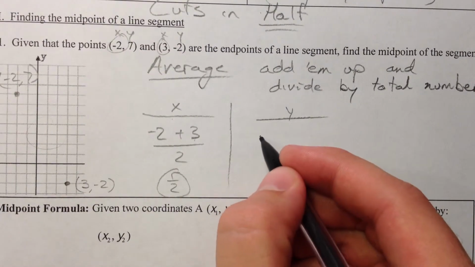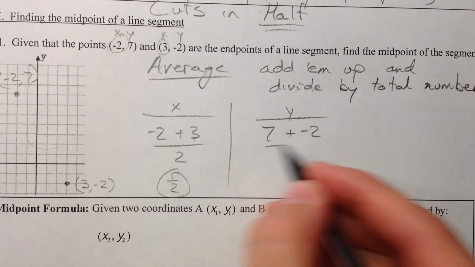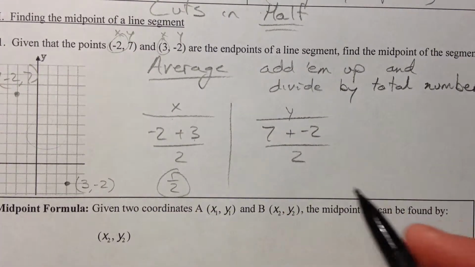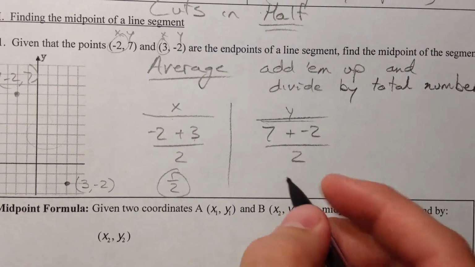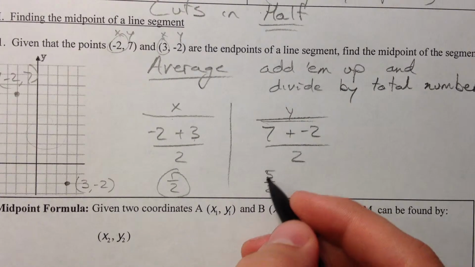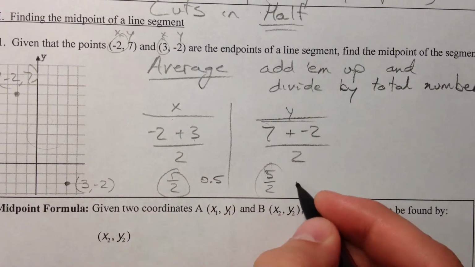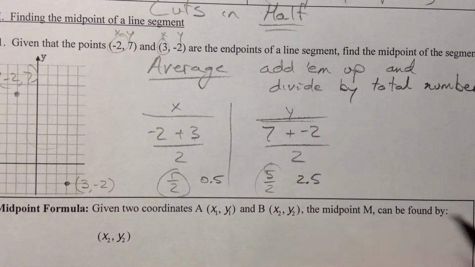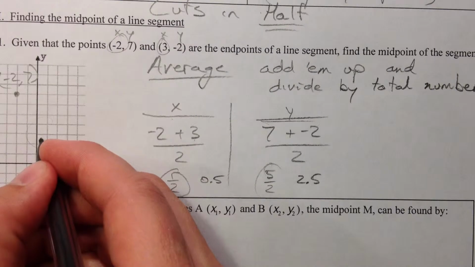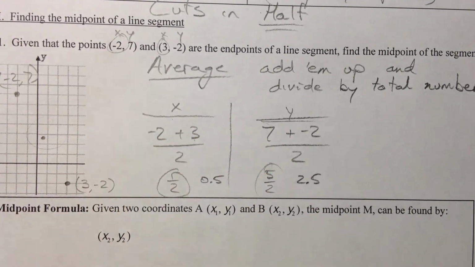And y is the 7 plus the negative 2 divided by 2, because we have two numbers. We're averaging them. And you get 5 divided by 2, or 5/2. So this is 0.5, and this is 2.5. And so 0.5 comma 2.5 looks to be right there.